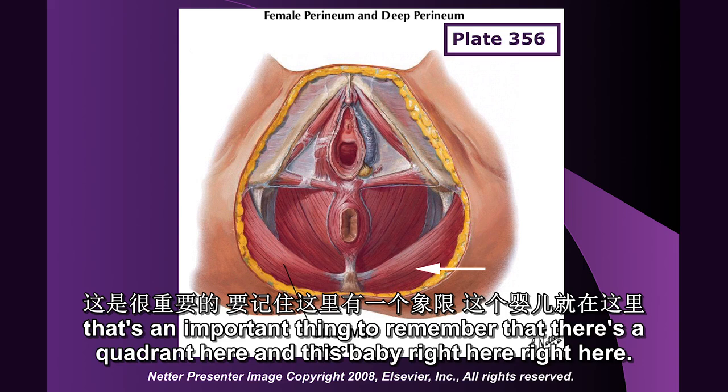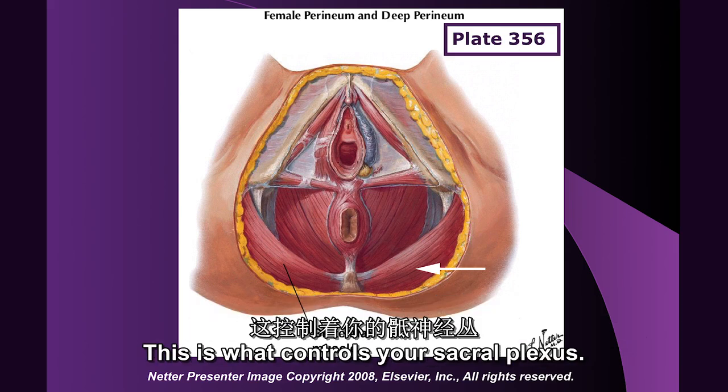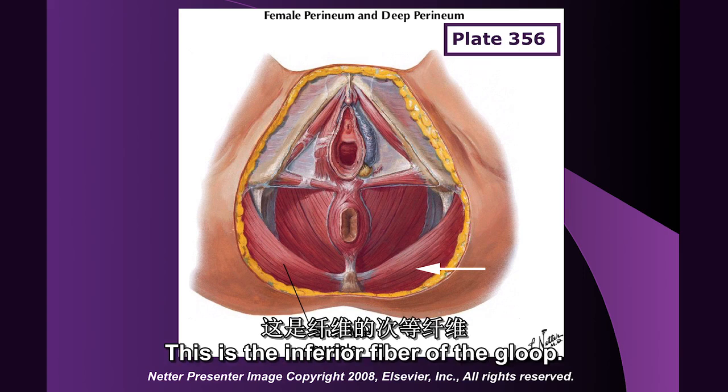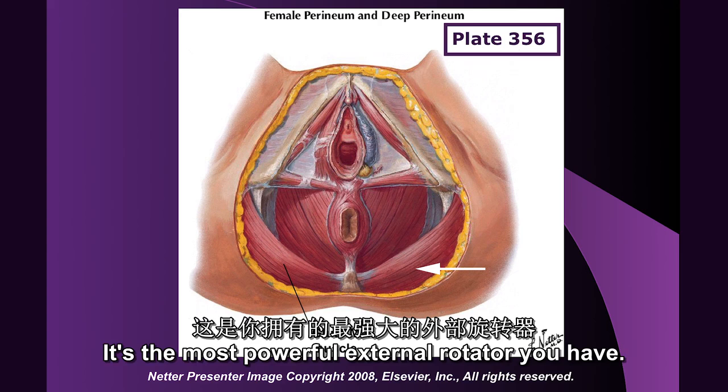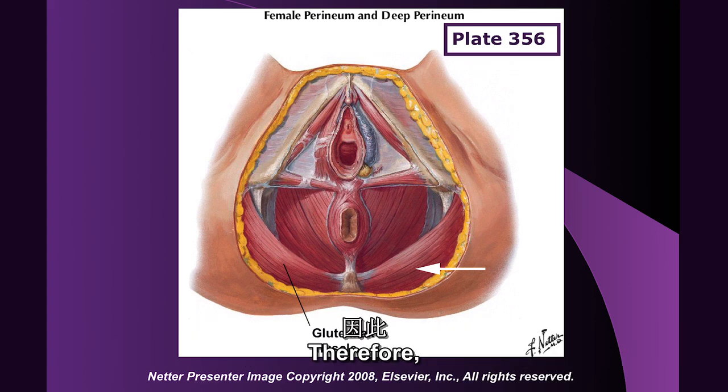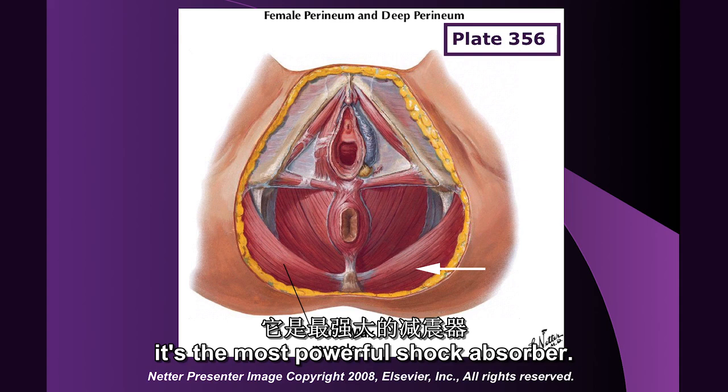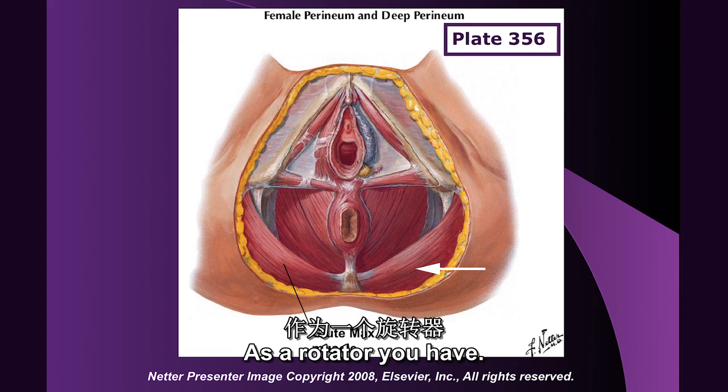And this baby right here, this is what controls your sacral plexus. This is the inferior fiber of the glute max. It's the most powerful external rotator you have. Therefore, it's the most powerful shock absorber as a rotator you have.